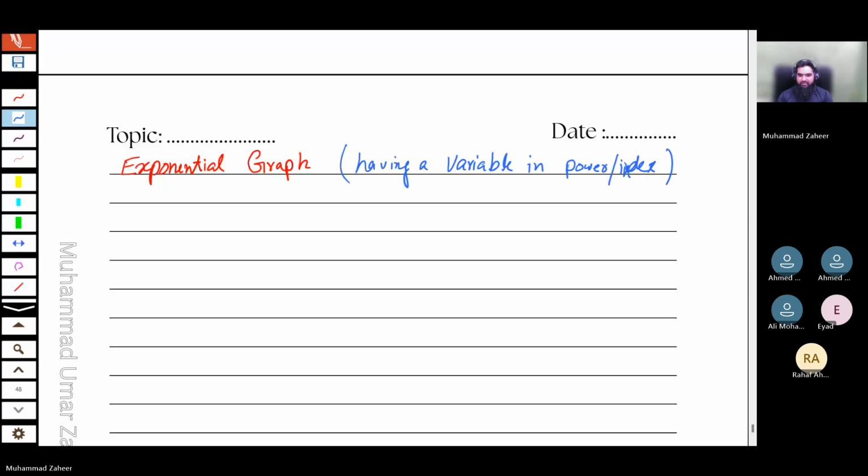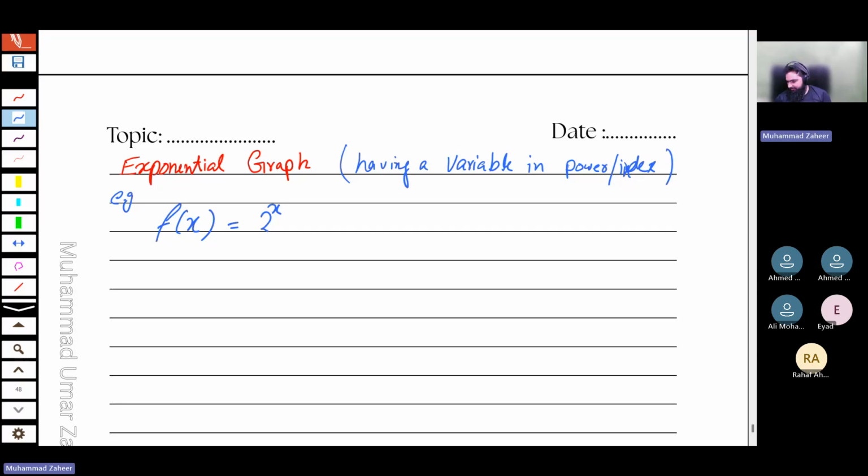Like you have a graph f of x is equal to 2 raised to power x. You have a graph 4 raised to power x, 100 raised to power x, or any value having a power x. So how is the shape of the graph going to look?